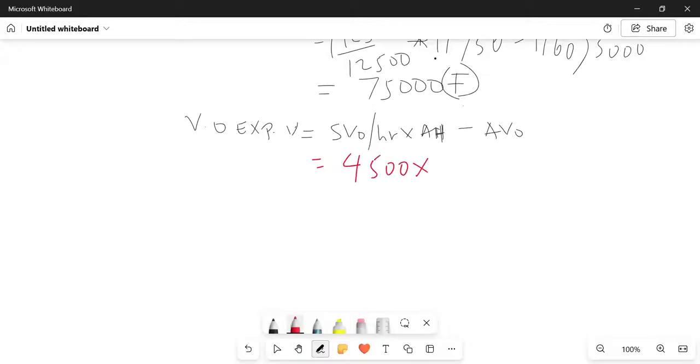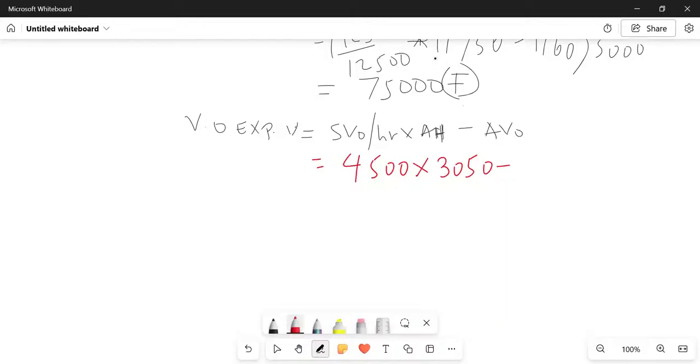Do we have actual hours? From the actual information, 3,050. Do we have actual variable overheads from the actual information? I think I've lost my brother there.